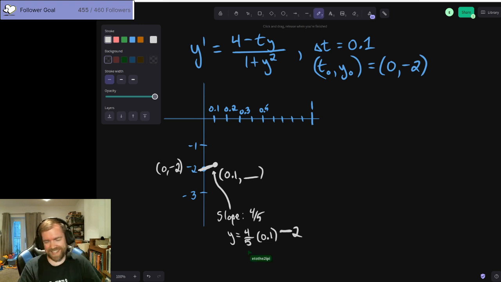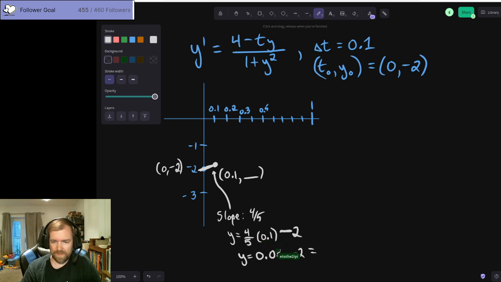I didn't know how detailed you want to go here, but the idea is you make the line with the slope 4/5 that goes through the point 0, -2, and then insert our 0.1 there. So we're gonna go with 0.08 minus 2. We get -1.92.